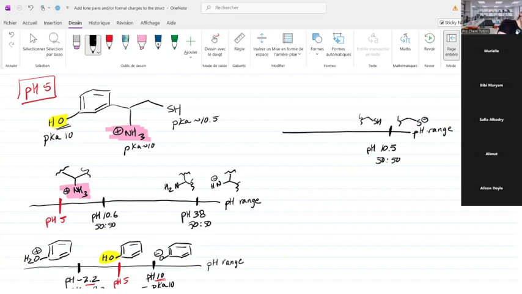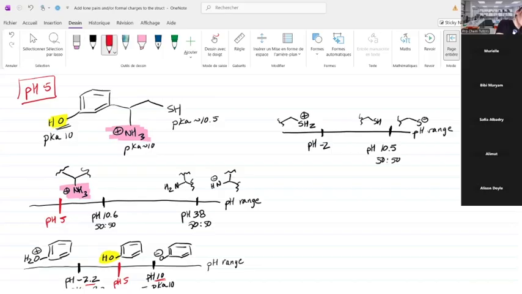Again, we draw the protonated thiol. So here, the pKa of this protonated thiol is around -2.